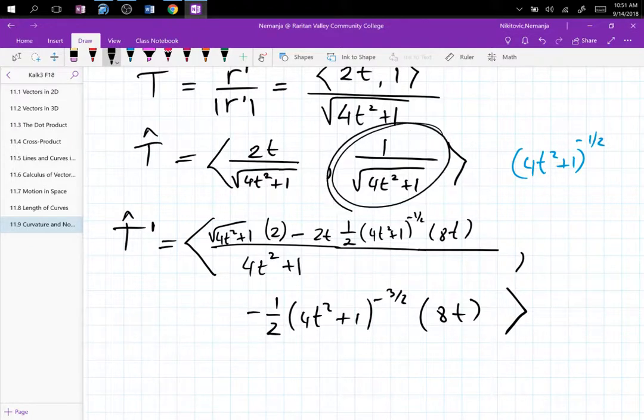I just wrote this as a negative 1/2 exponent.